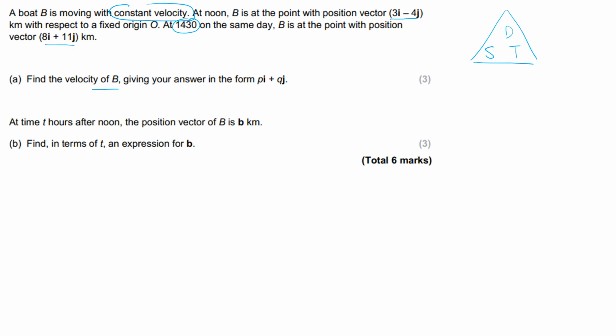So speed is equal to distance over time when it's a constant, and the fact that we're in i and j will give us the direction.